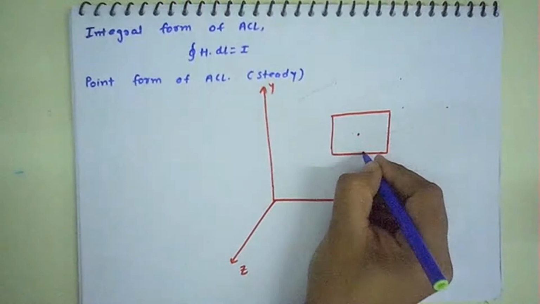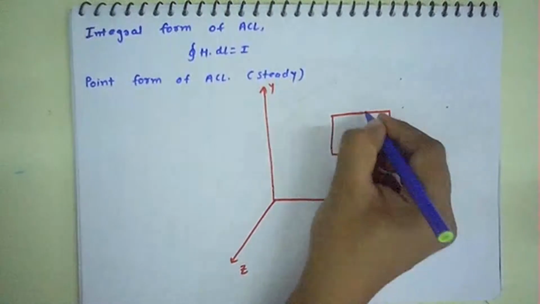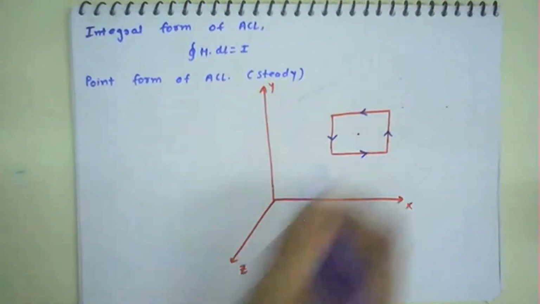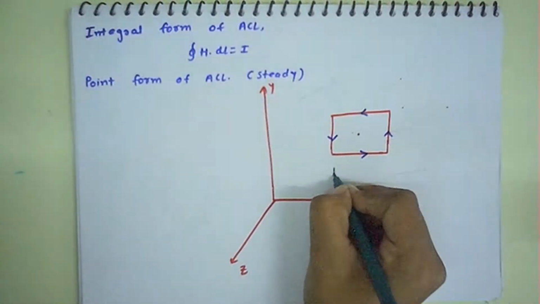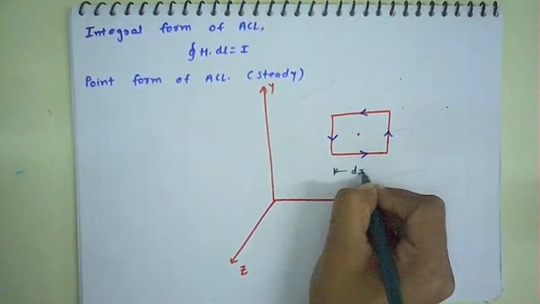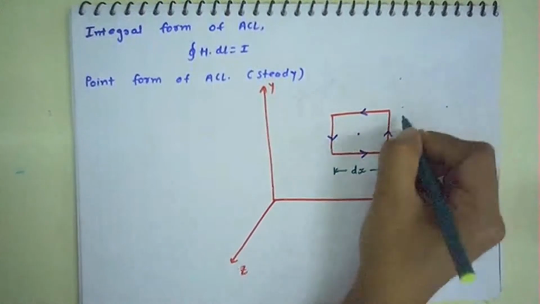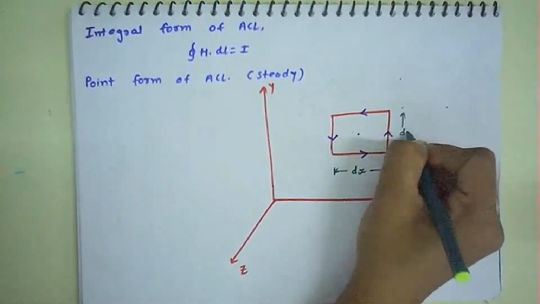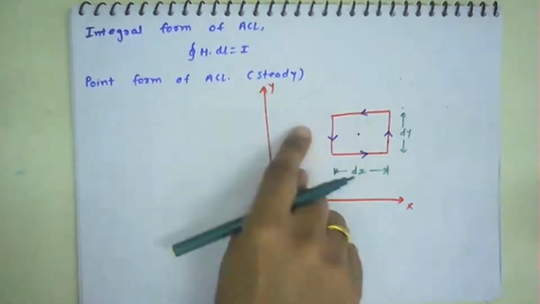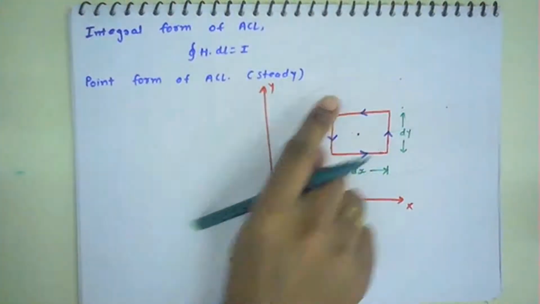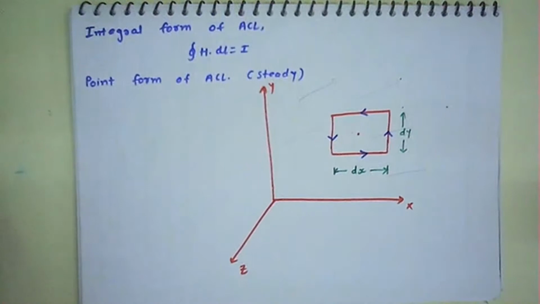Now we'll assign the direction of this path, that is anticlockwise. The dimension along x we consider as dx, and along y it is dy. So this is the given condition. That means in this 2D plane a certain field is there and we want to find out the curl of this field.